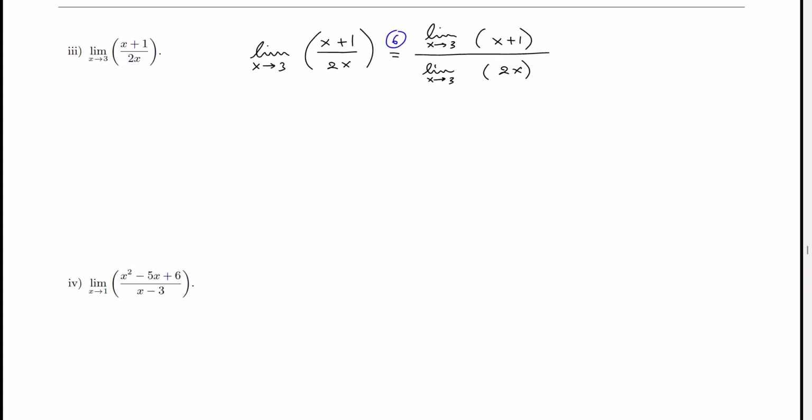Now for the numerator, I have a limit of x plus 1, and again, using the same theorem, but a different part of the theorem, actually part number 4, I can break the limit on the numerator into 2 different limits. So I have a sum of x and 1, so I can write it as a limit with x approaching 3 of just x, and then limit as x approaches 3 of 1, and then put the plus sign that used to be there in the middle between these two guys.